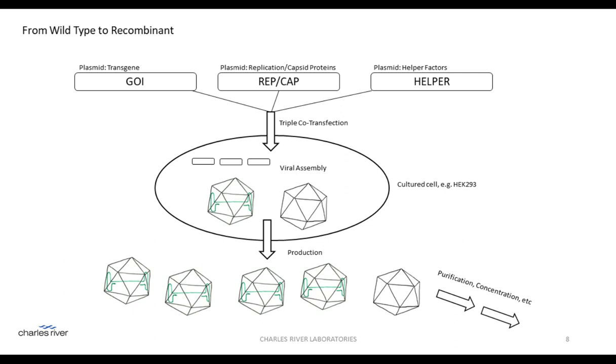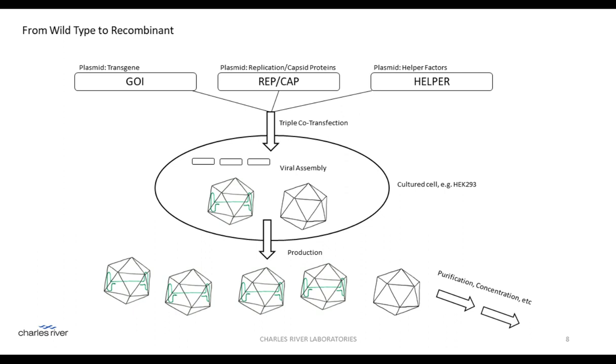Now, although the presence of a helper virus is a requirement for AAVs in the wild type, when developed for use as a gene therapy vector, production of recombinant AAV, not wild type, but recombinant AAV, can in fact be accomplished by helper-free methods, where the necessary helper factors are co-transfected into the production cell line.